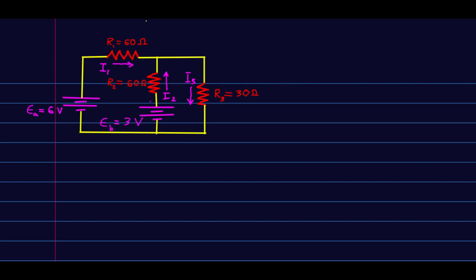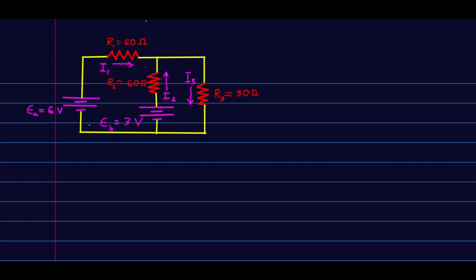So the next thing I'm going to do is note that there are 2 meshes, right? Here's one mesh, here's another. And so there will only be 2 useful loop laws to write. But I'm not obliged to write a loop law for this simple mesh and this simple mesh. I could write any loops I want.